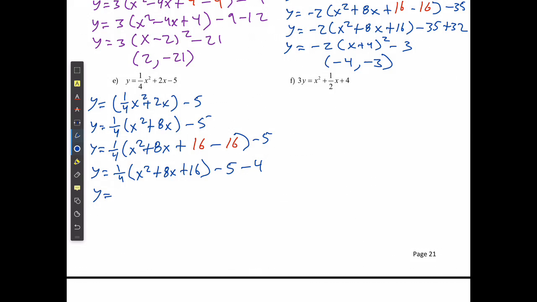Or y is equal to 1 over 4 bracket x plus 4 squared minus 9. And the vertex occurs at negative 4 and negative 9.